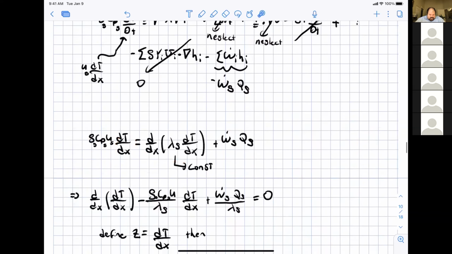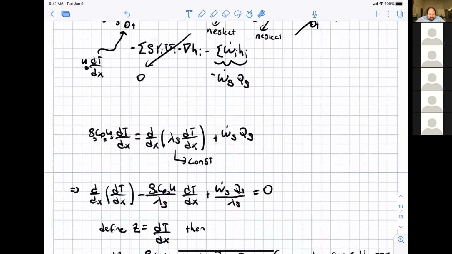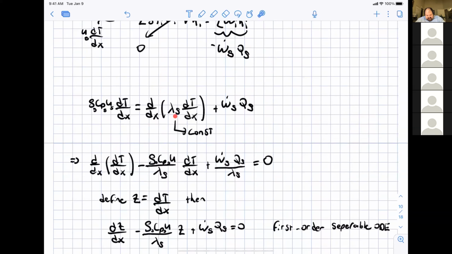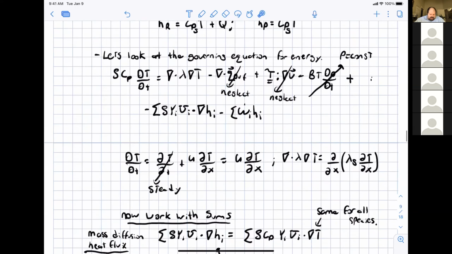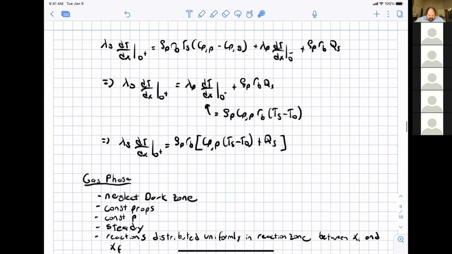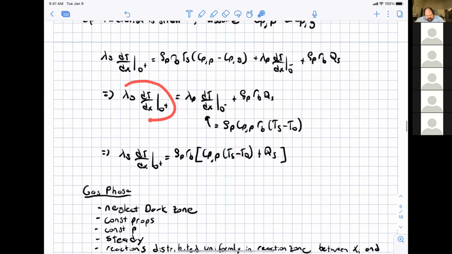Okay. So then we're going to work with this. This is constant, so I'm going to divide both sides by the thermal conductivity. And then we wind up with this expression here. And now, again, we aren't really after the temperature profile itself. What we are really after, as I've said before, is this temperature gradient right here.